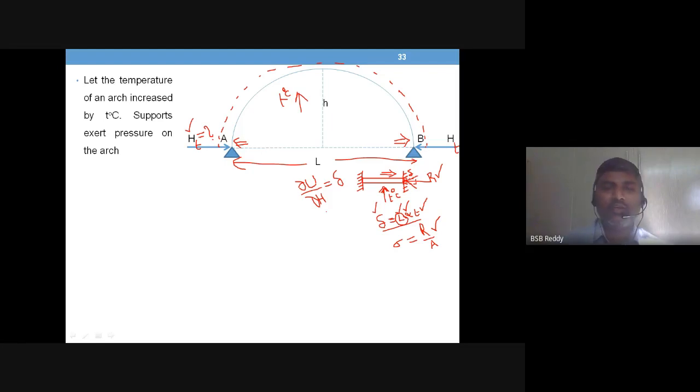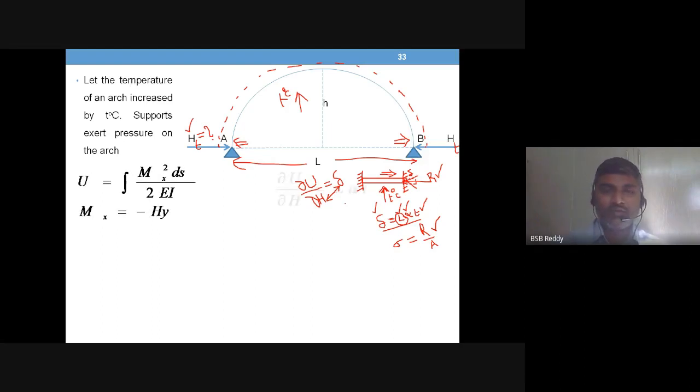Only considerable horizontal movement is expected from the support points A and B, and the change in span. So that is why we are now concentrating on the direction of the force in which the change in dimension is happening.